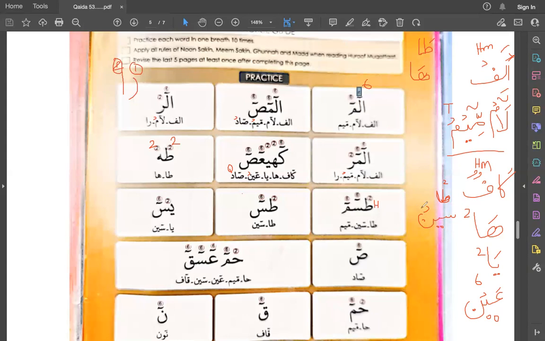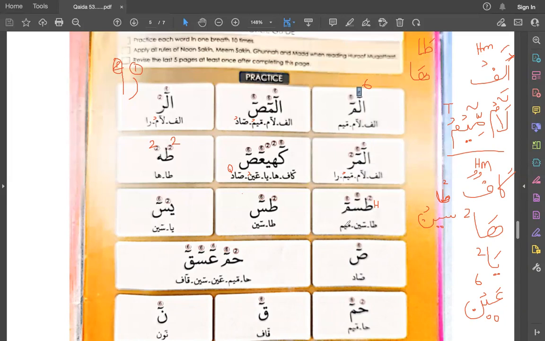Seen. Now there is noon sakin, and after noon sakin there is meem. Which rule should be applied? This is idgham with ghunna. So you are merging the sound of noon into meem, and you are creating ghunna, a ghunna kamila, very long ghunna.